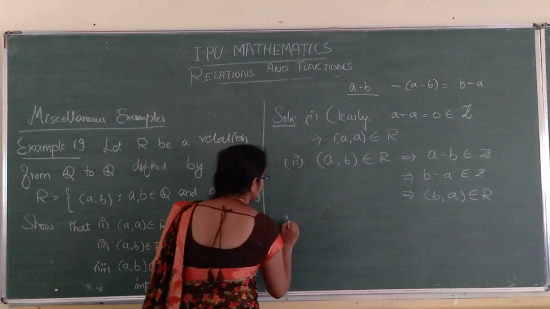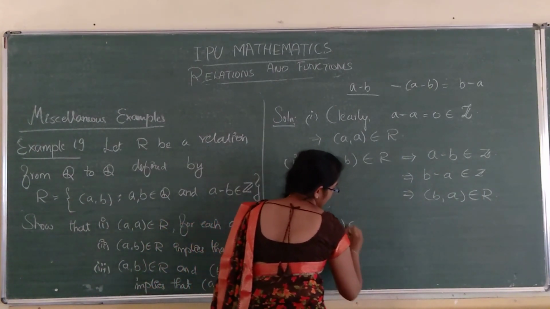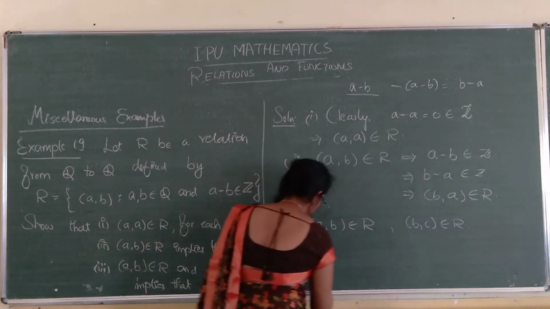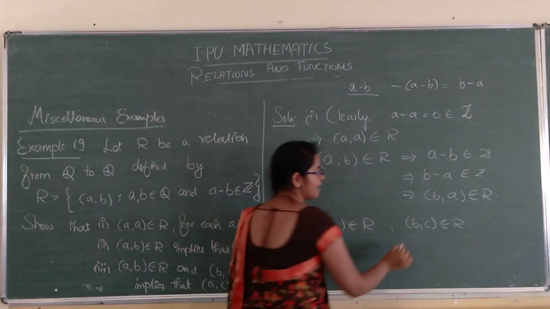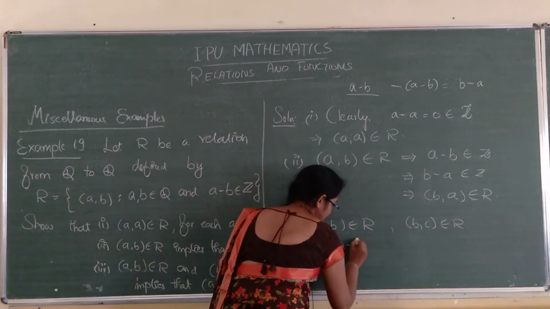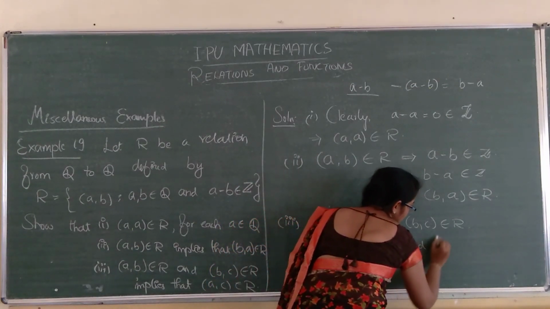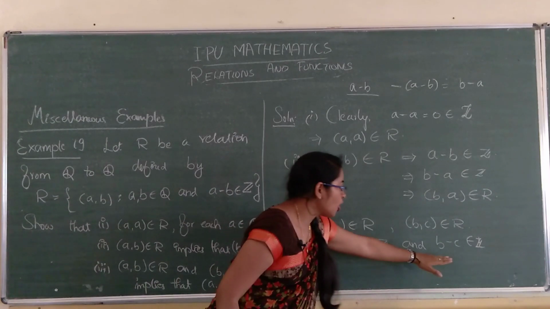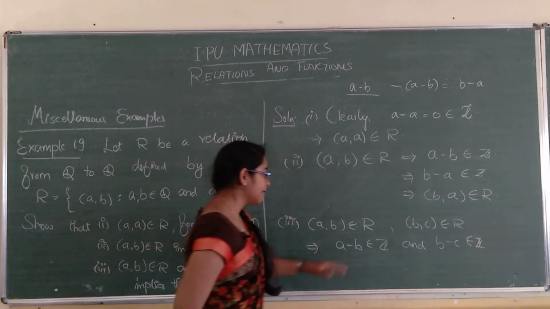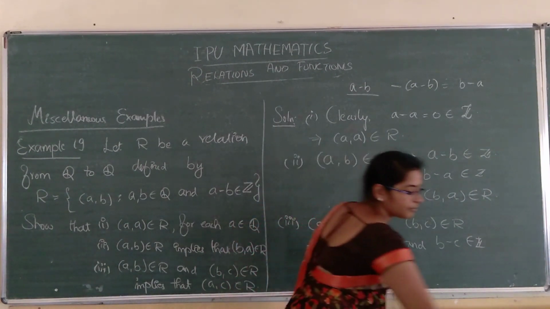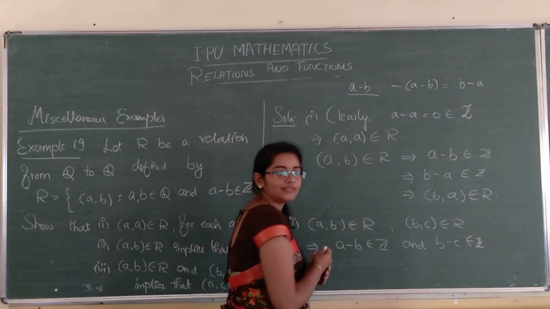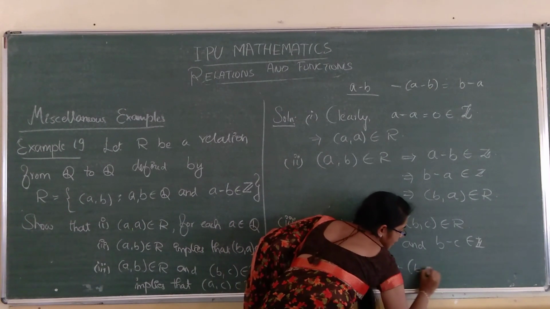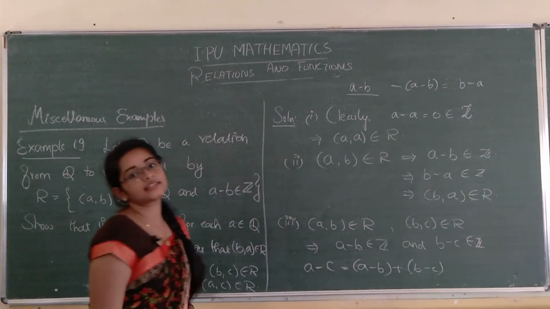Okay. Now coming to the third one. (a, b) belongs to R and (b, c) belongs to R. That means a minus b is an integer and b minus c is also an integer. a minus b belongs to Z and b minus c belongs to Z. By adding these two, what will we get? a minus c equals a minus b plus b minus c. b cancels, so we get a minus c.